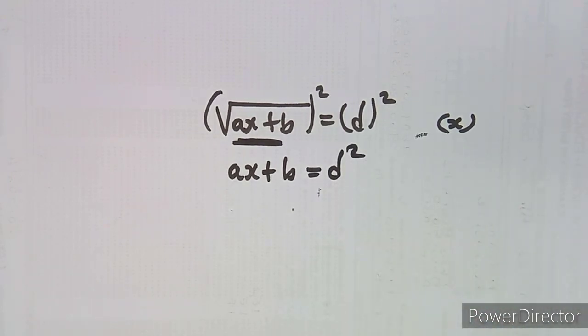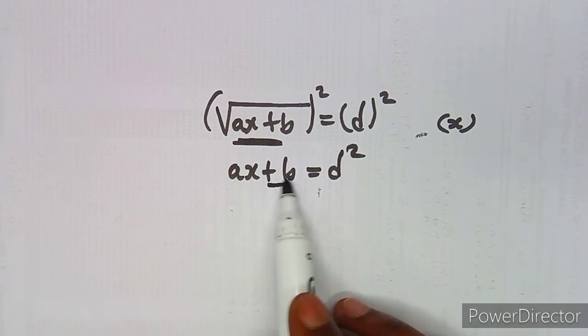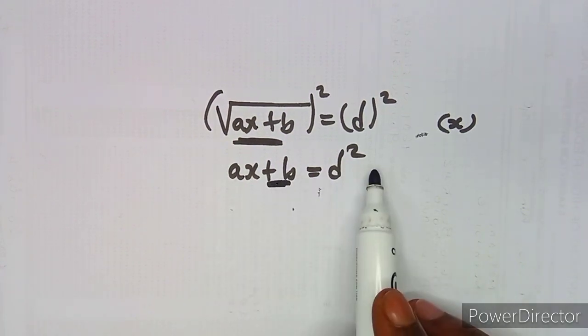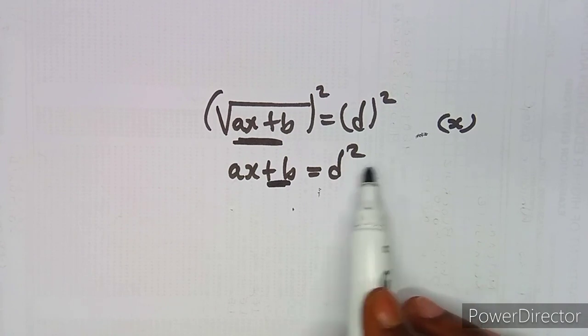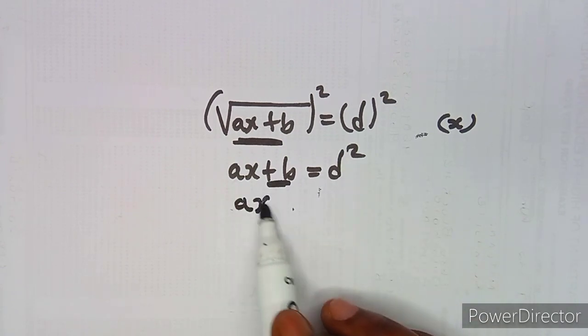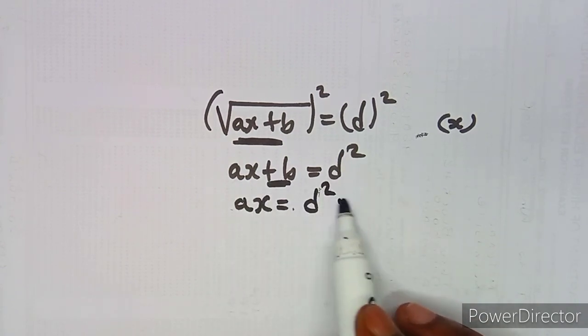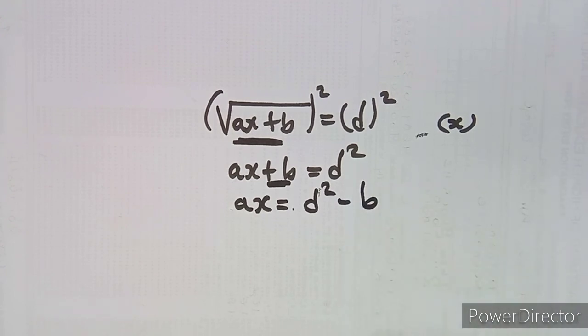From this stage, how can I make x the subject? What is affecting x? If we cross-check, b can be transposed to the right-hand side, which is going to be negative b. So it's ax, which is equal to d squared minus b. What is affecting x now at this stage?